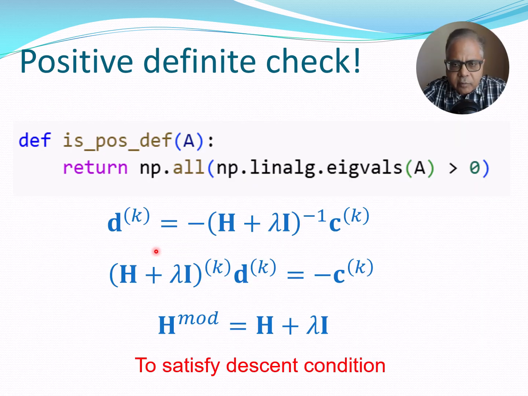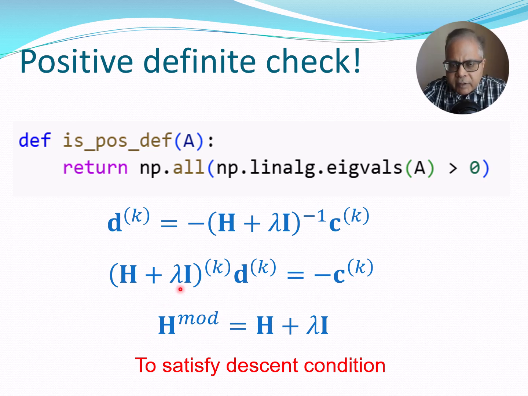Now we check for positive definiteness each time we calculate the descent direction, because in general what is going to happen in the Marquardt method is that when you add H plus lambda I, you are going to get a positive definite matrix because lambda is a large value. So if we think of this H plus lambda I as H mod, then we can check whether H mod is positive definite or not.